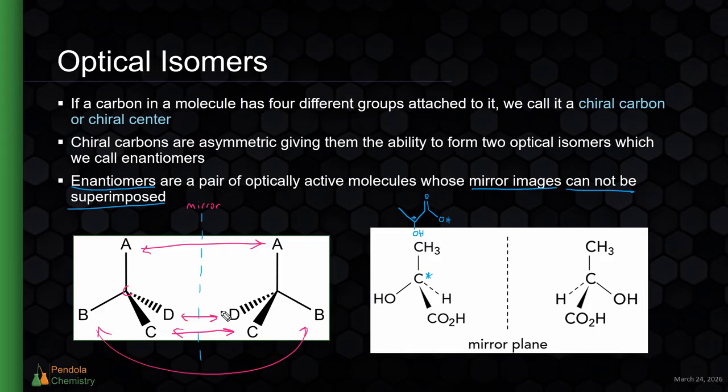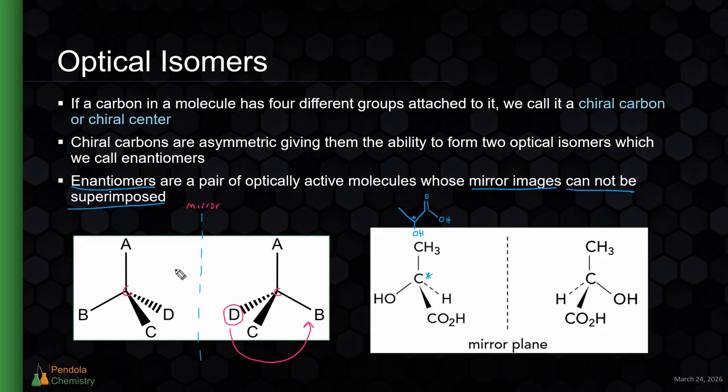So it's a mirror image. Now, that mirror image might seem like it's the same molecule, but because this carbon's a chiral center, it is not. That mirror image is non-superimposable, is what we say. Now, what do we mean by that? Let's say I have that mirror image, and I'm going to rotate it so that it's in the same position as what I have here.